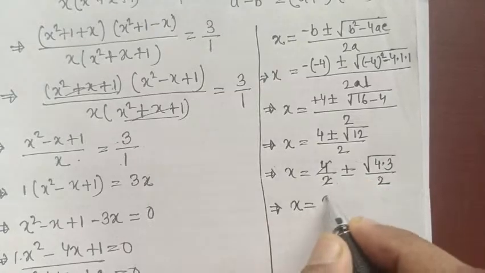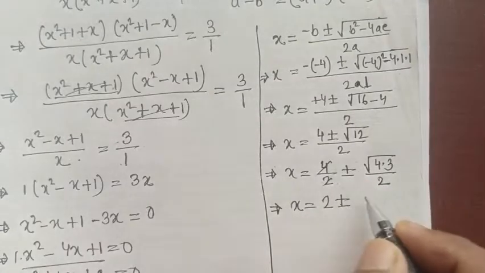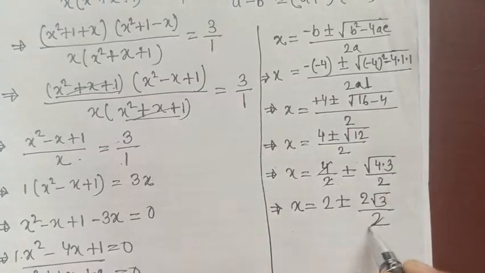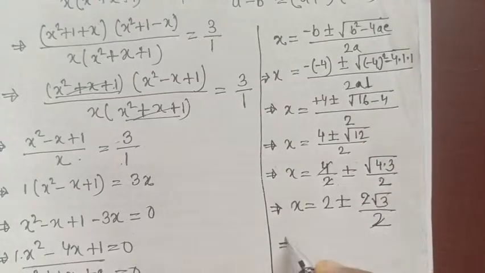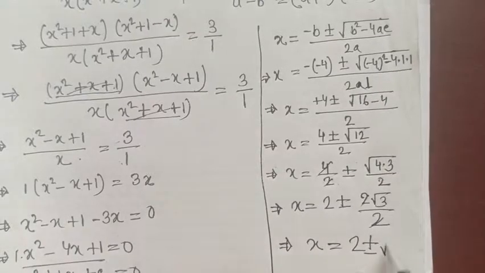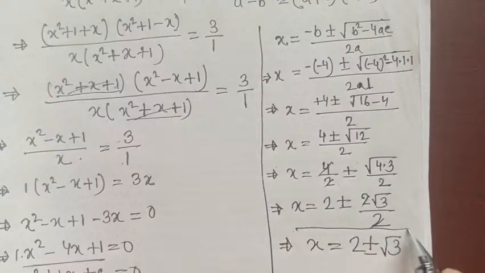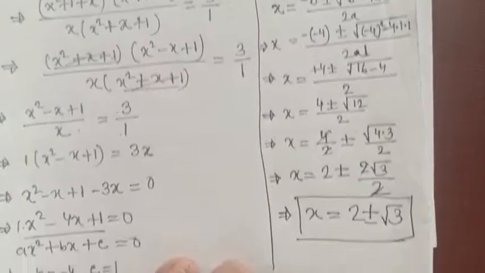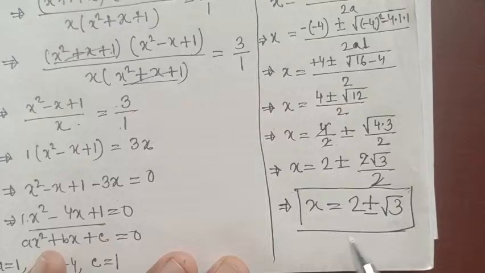Therefore x will be 2 plus minus 2 root 3 by 2, and these 2 will be cancelled out. So the answer will be x is equal to 2 plus minus root 3. So we got the solution or value of x, like x is equal to 2 plus minus root 3. So we have the solution that x is equal to 2 plus minus root 3.